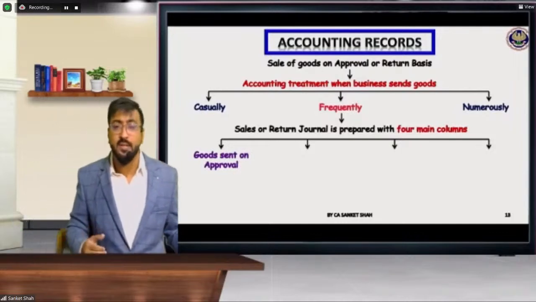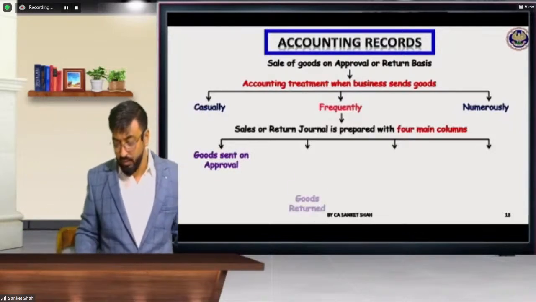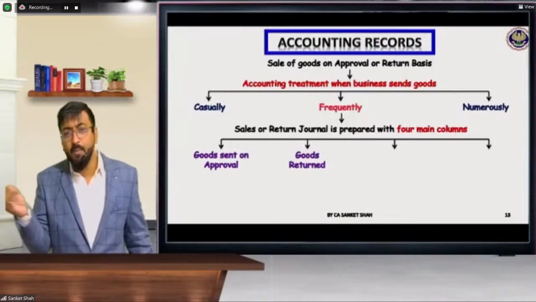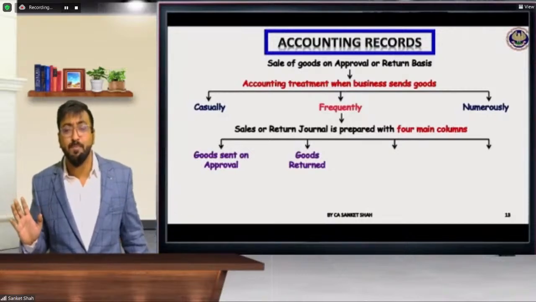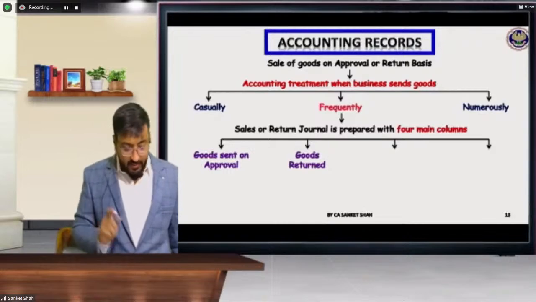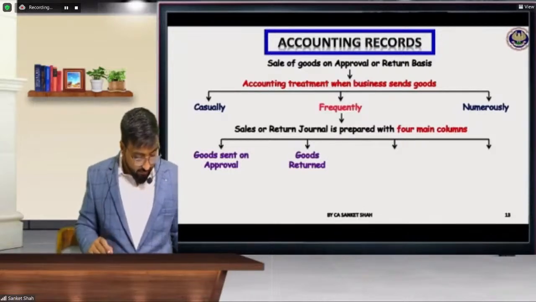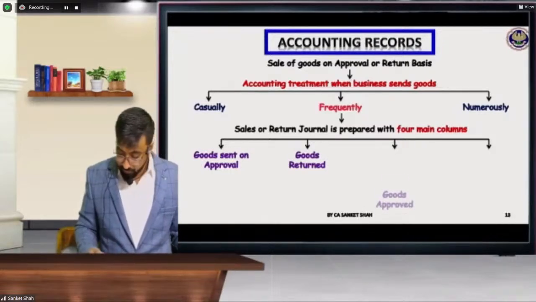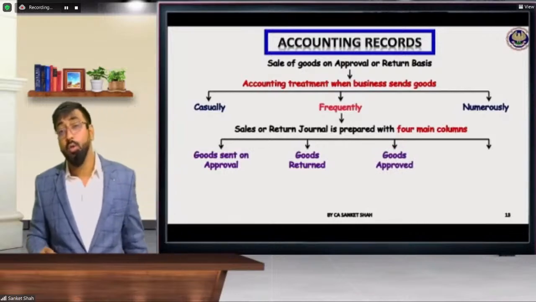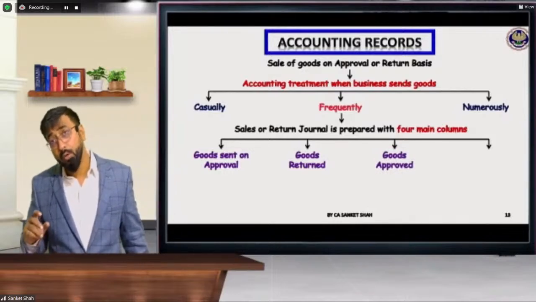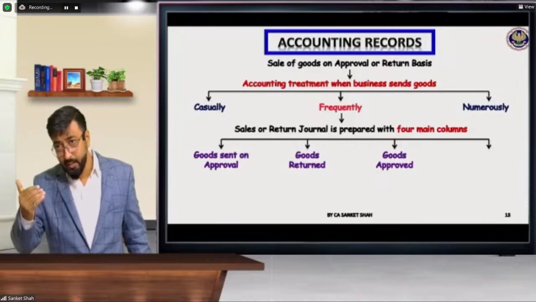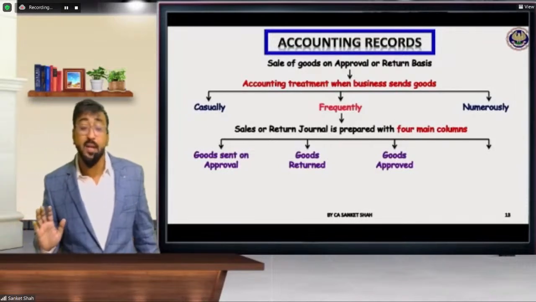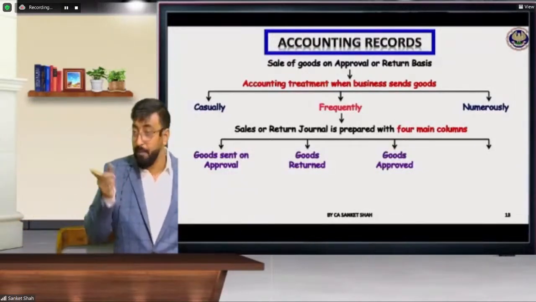Out of that, 50 boxes are returned by the customer, not a satisfied customer, my friend. So goods returned. Then goods approved: 200 goods sent, 50 returned, 70 accepted. 50 rejected, 70 accepted.